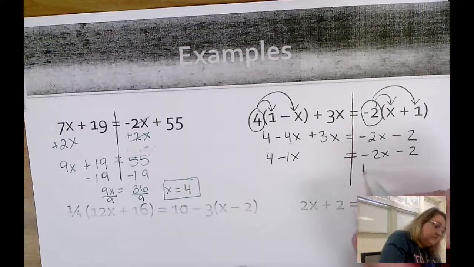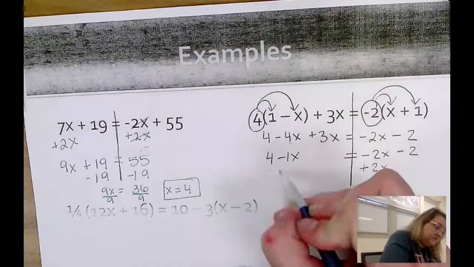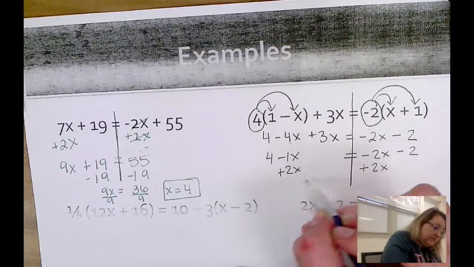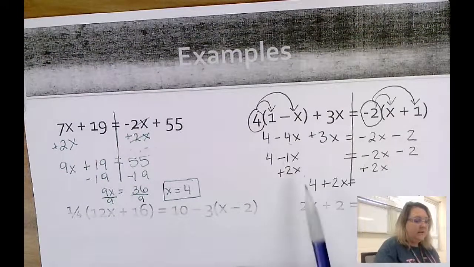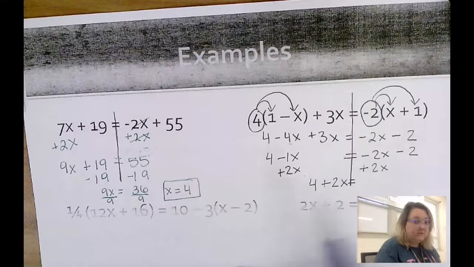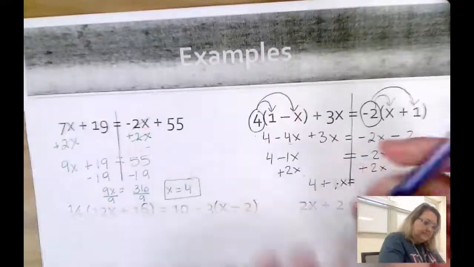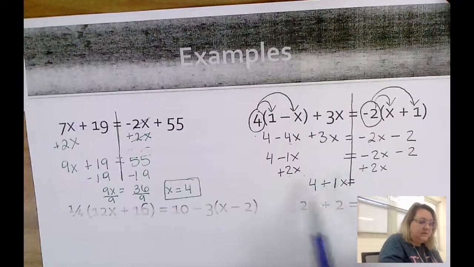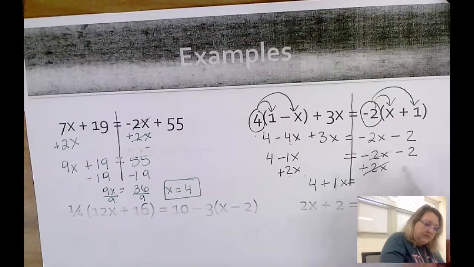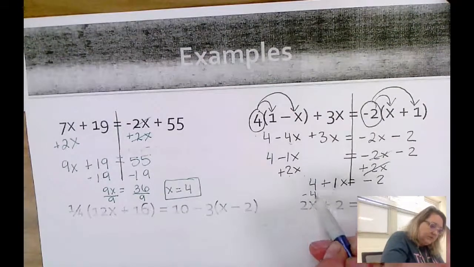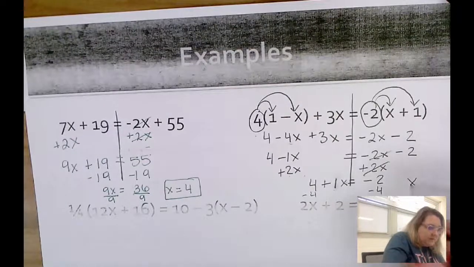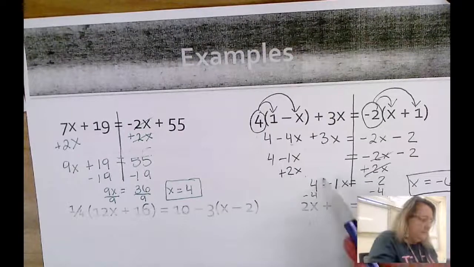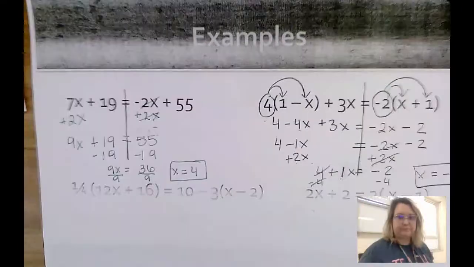So negative 1x plus 2x will give me 1x. Then we bring down our 4, and what I'm left with over here is negative 2. I'm going to subtract 4 from both sides. So x is going to equal negative 6. All right, pause the video so that students copy down the first 2 examples.